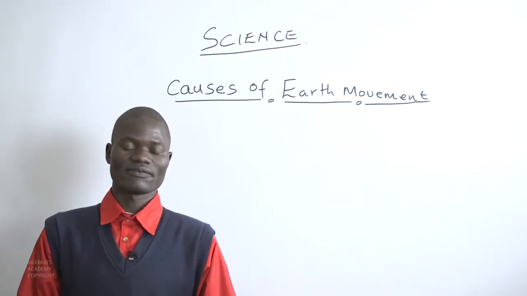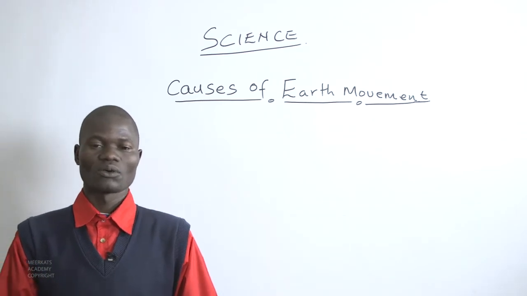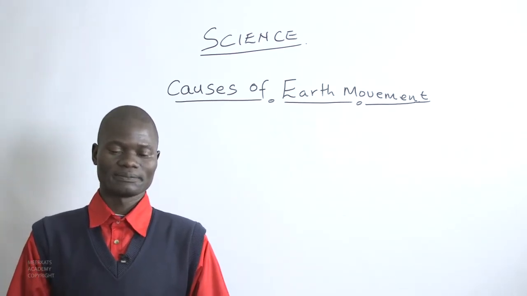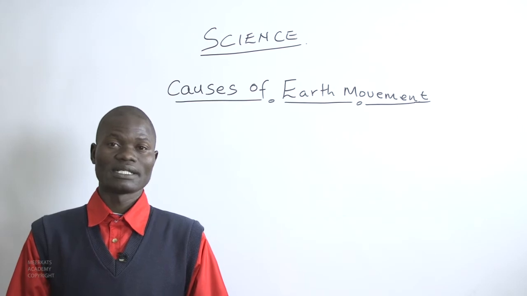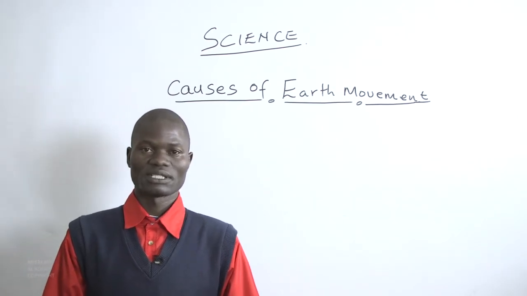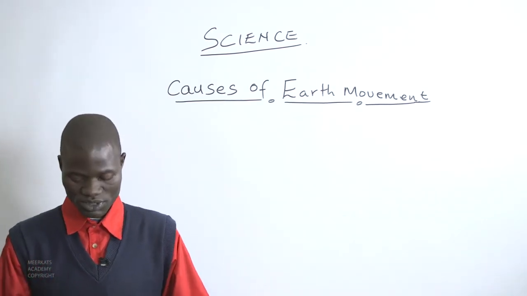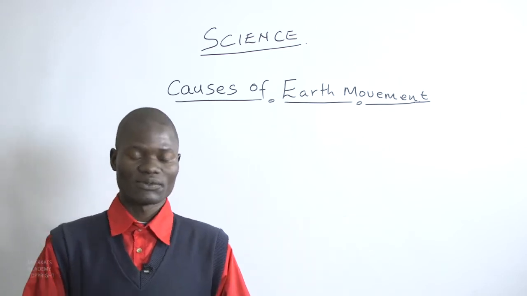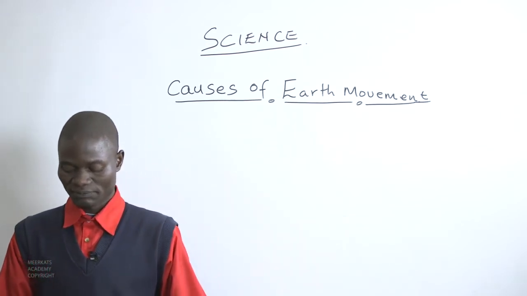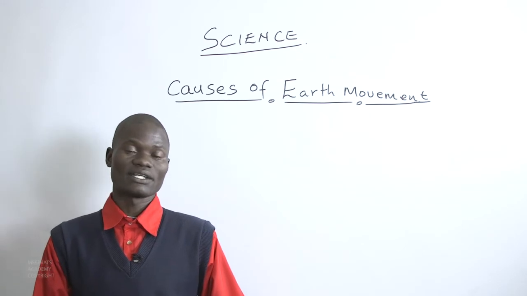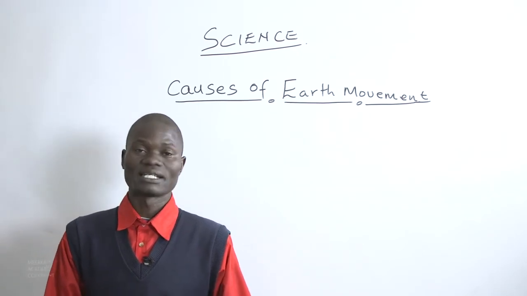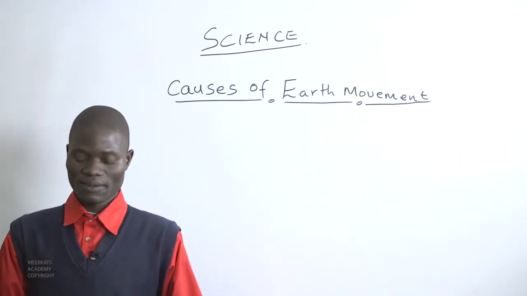From the previous lesson, we learned that in the continental drift, as put forward by Alfred Wegener, the continents are in constant motion, and they originated from Pangaea.